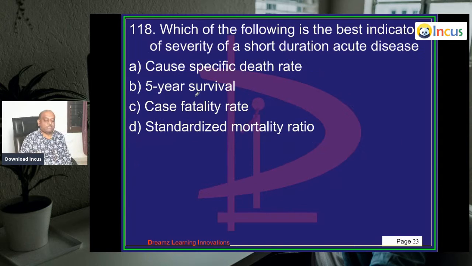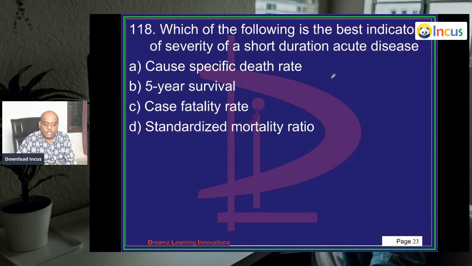So once more, doctor, food poisoning is the examiner's favorite food to poison you in the NEET PG exam. You have to memorize the incubation periods properly. I already gave you that list, doctor, in my earlier discussion yesterday.